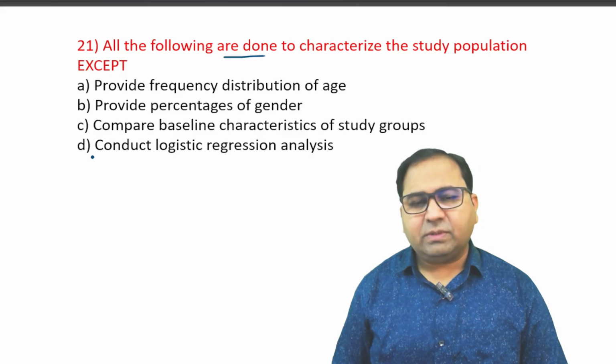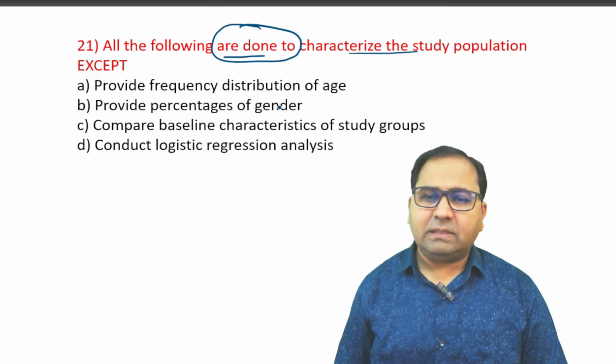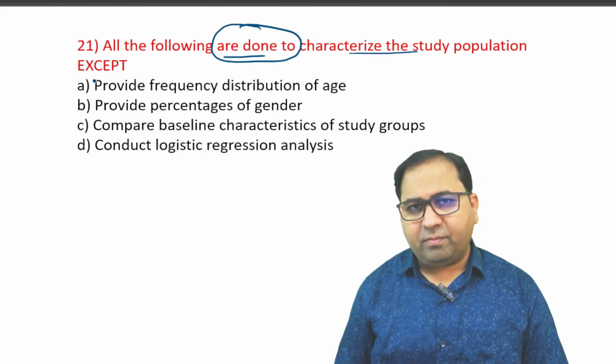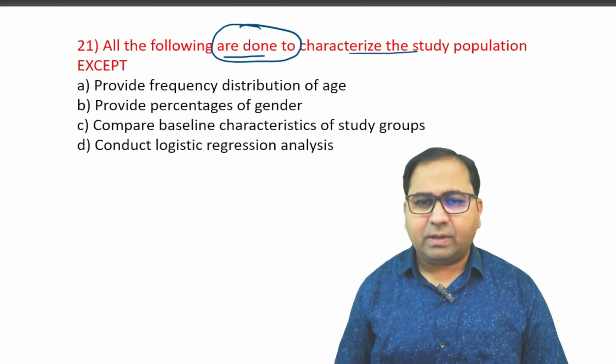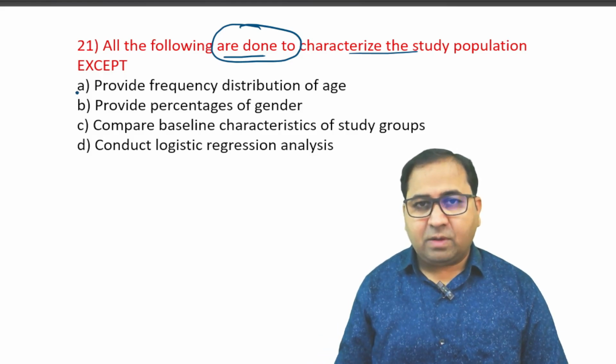So what is the answer for this question? All of the following are done to characterize the study population except. So three steps you are doing, three out of these four, except one. So what is it? Let us see the options again.